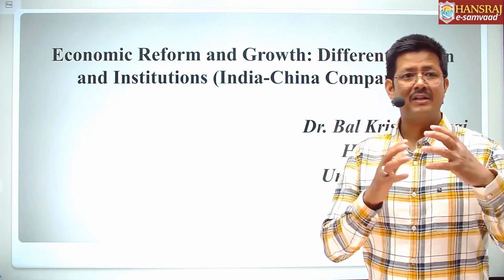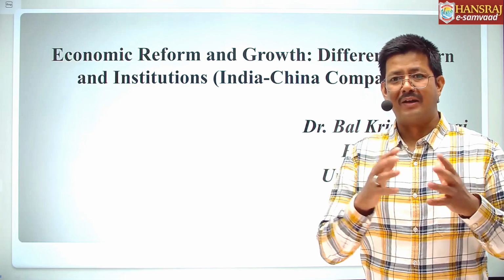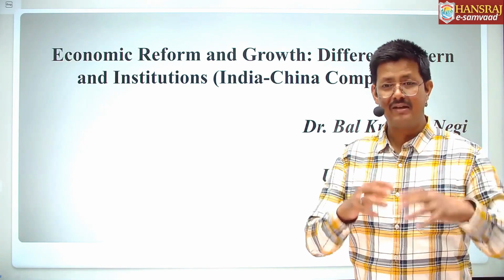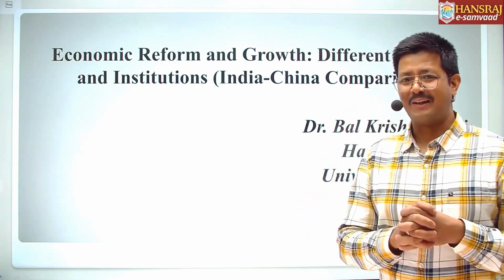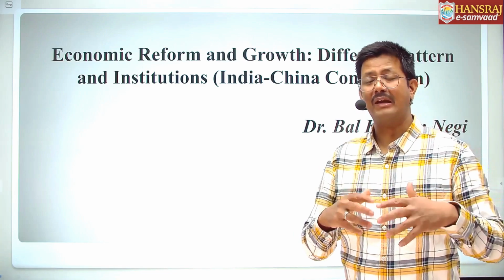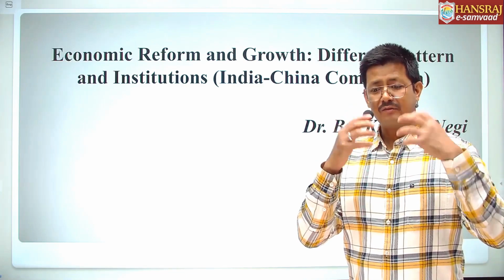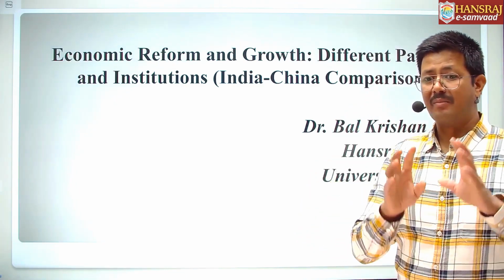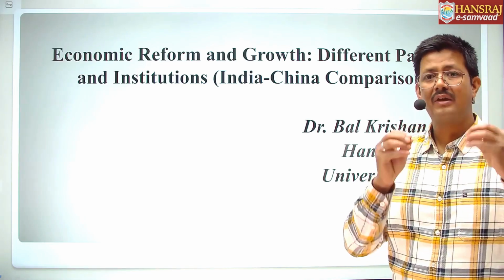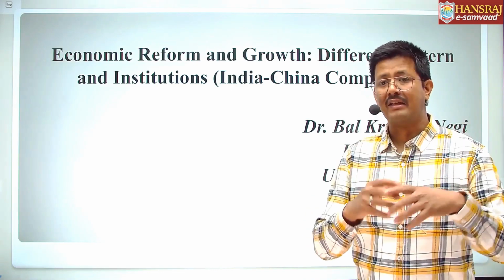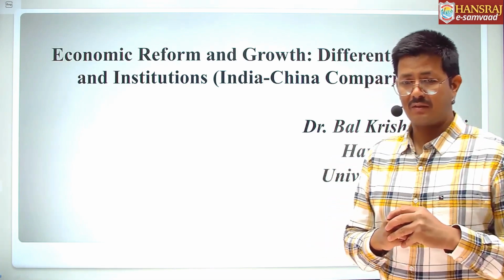And fortunately, during that period, China reaped the demographic dividend which it had during the 90s. India right now has the demographic dividend that China had during the 90s. So if India wants to be the fastest growing economy in the world, we need to reap the demographic dividend by focusing on skilling the labor force as well as simultaneously creating employment opportunities for it.